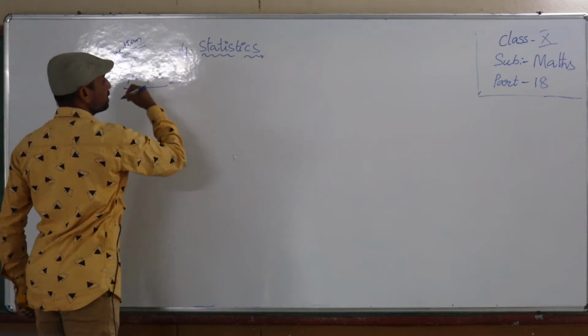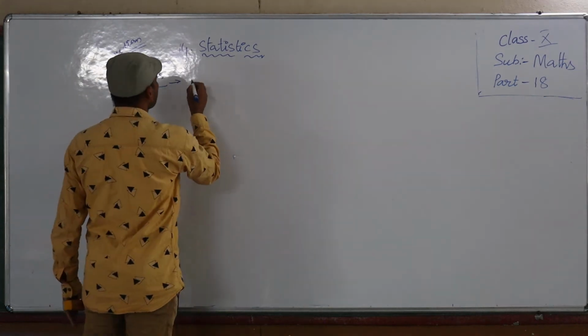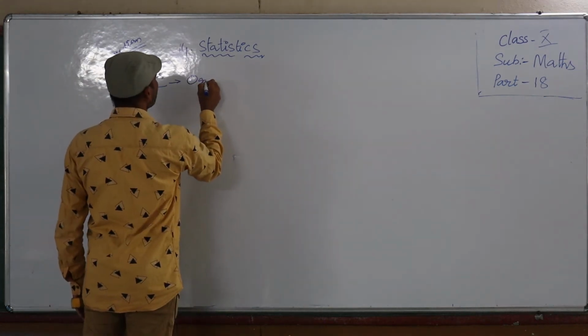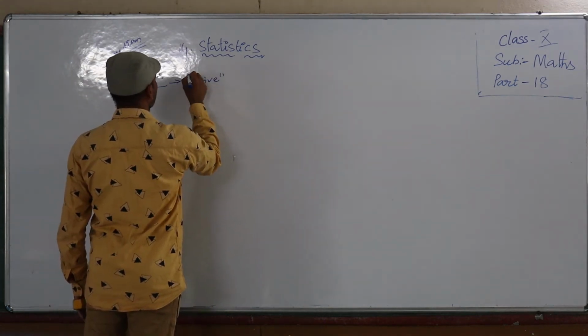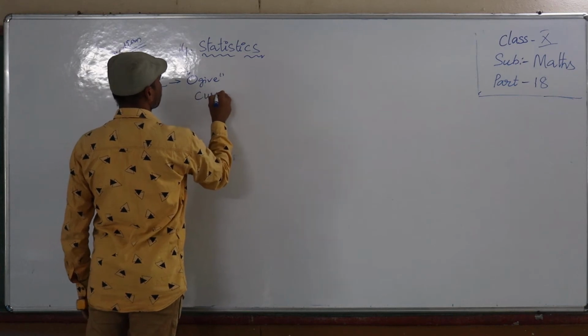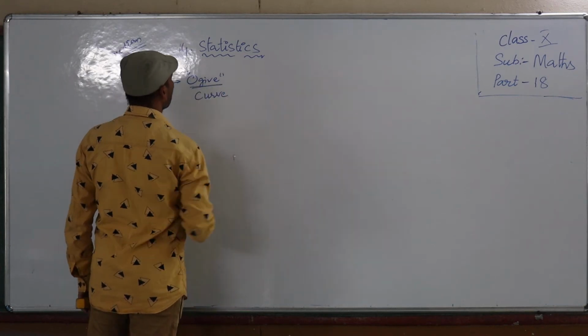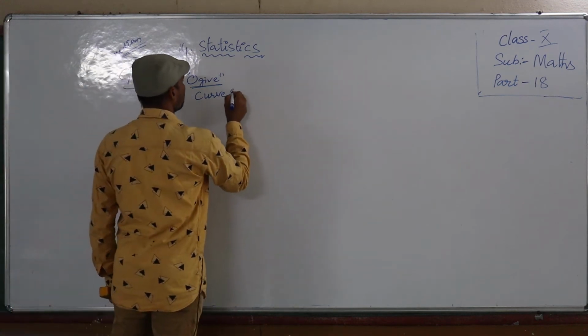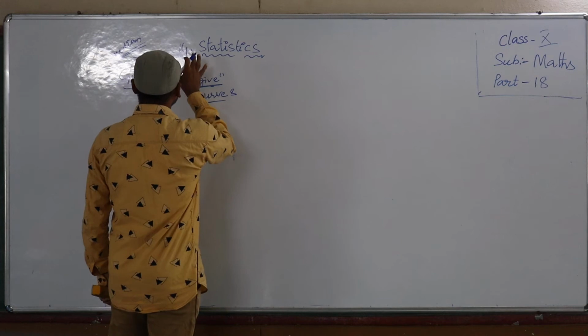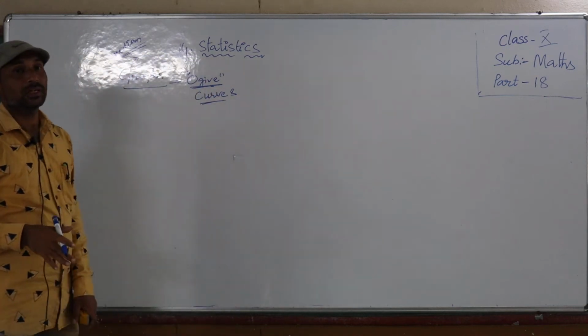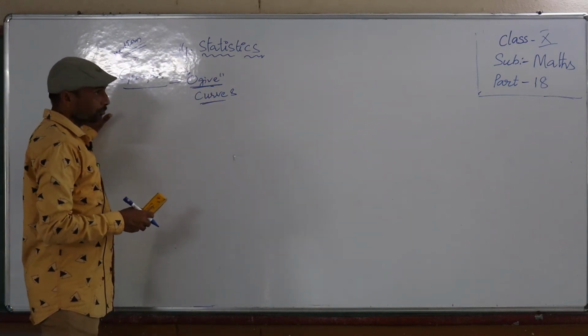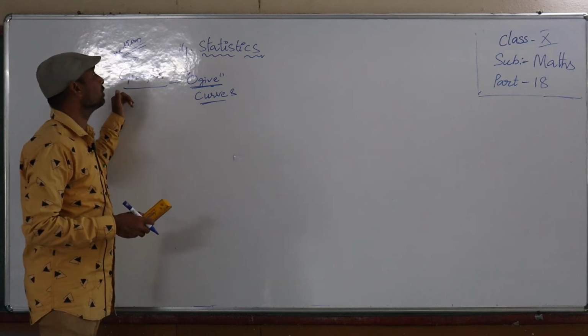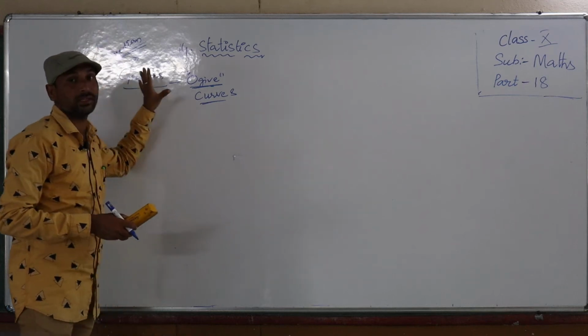These graphs we call ogive or ogive curves. Here 3 types of curves are there, and in these 3 types we can find the median by using these graphs.